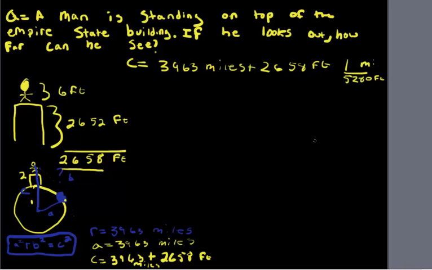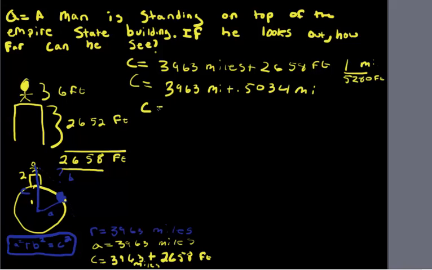Okay, that's reasonable. Fine, whatever. I'll get over it. Okay, so now what we're going to do is divide 2,658 feet by 5,280 feet per mile to get miles. So we're going to have C is equal to 3,963 miles plus 0.5034 miles.